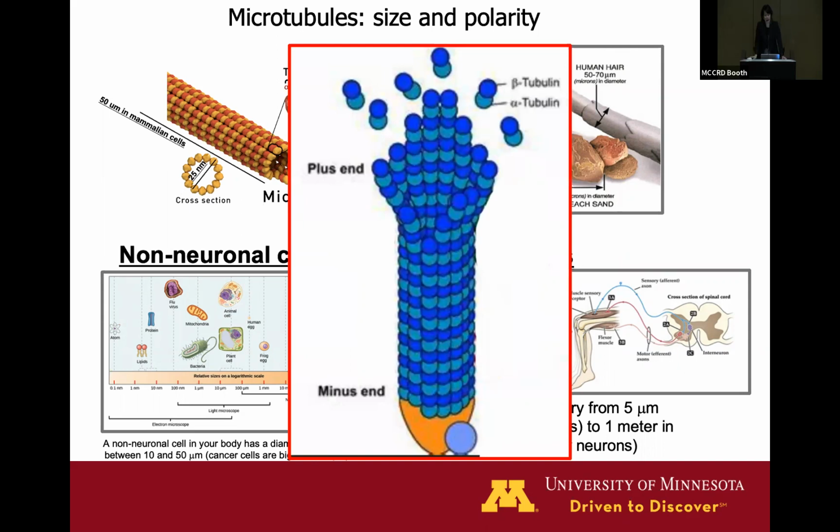Microtubules have a polarity, right? So they don't look the same at their ends. They have a minus end, which is the place they're born. They are born at the microtubule organizing center, that is the minus end, and then from there they grow to give rise to the other end, which is called the plus end, which is the place where they grow.